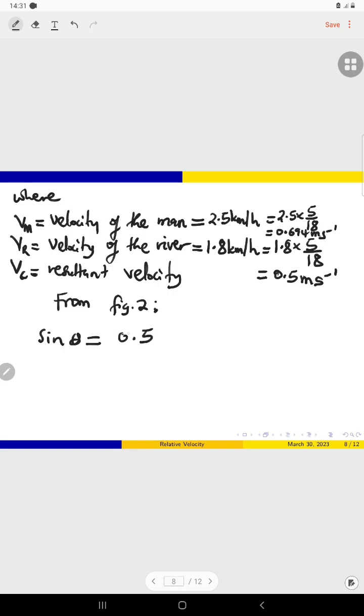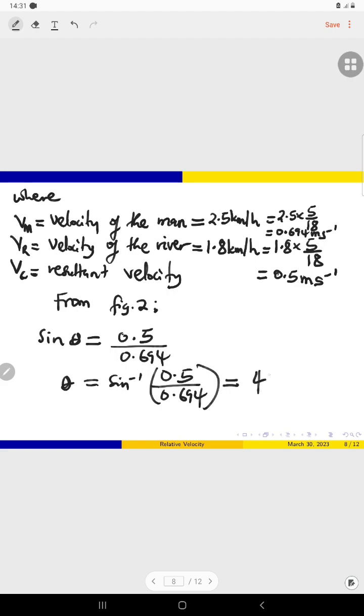Opposite, which is 0.5 out of 0.694. So that my theta is sine inverse of 0.5 out of 0.694. And this, according to our calculator to 2 decimal places, gives me 46.09 degrees. So this is the first part of the question.